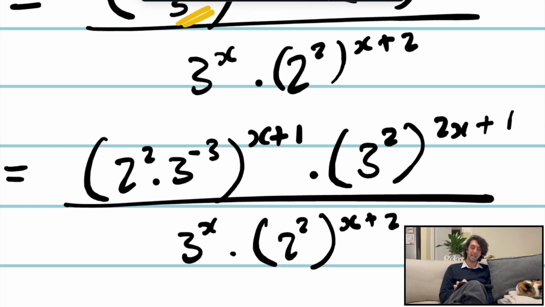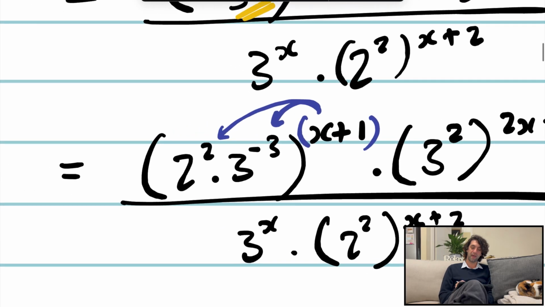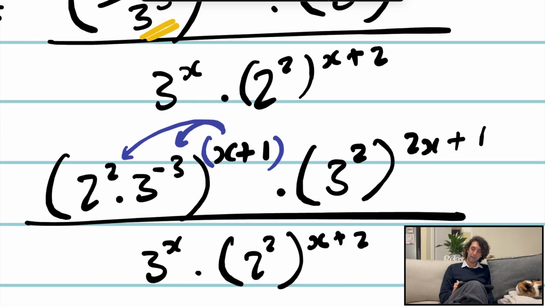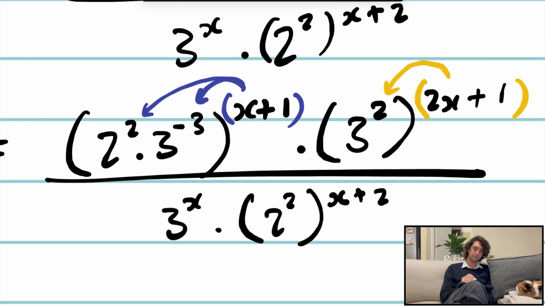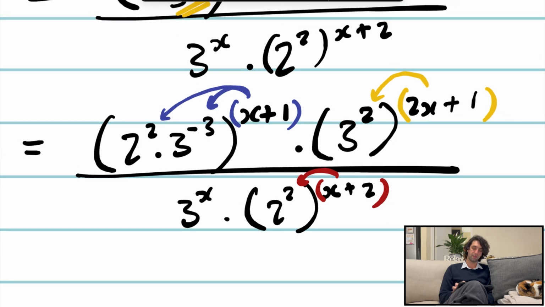Okay. Now what I can do is I can multiply my exponents in, but be very careful. According to our exponential law, that is going to multiply into both the 2 squared and the 3 to the power of negative 1. In a similar fashion, we have x, so we have 2x plus 1 as an exponent. That is going to multiply in with this 2. And then last but not least, we have this x plus 2, which is going to multiply in with that 2.